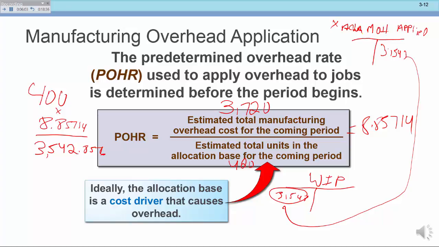Anybody got any examples of overhead items? Utilities, good. Utilities. Whatever, for 1,000. Got to pay that utility bill, don't we? And we can't trace the electricity to each item.